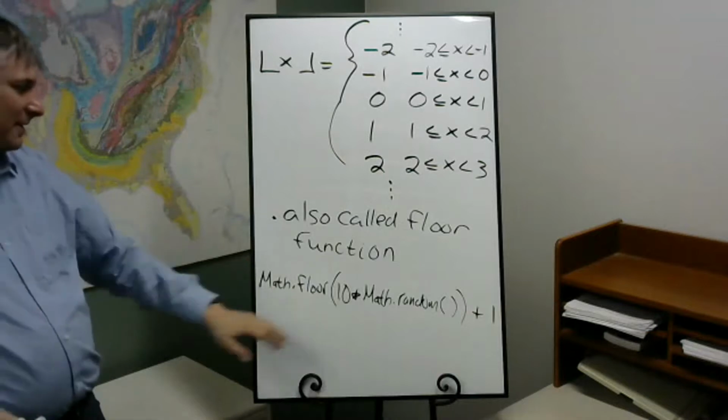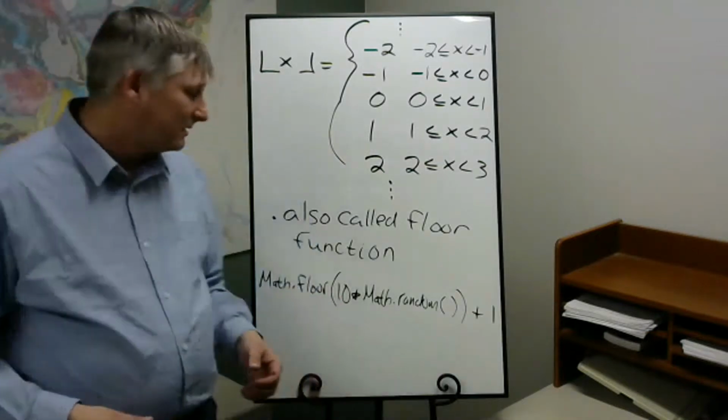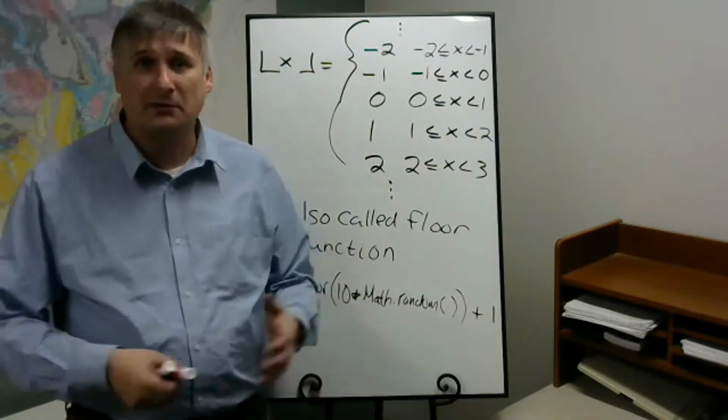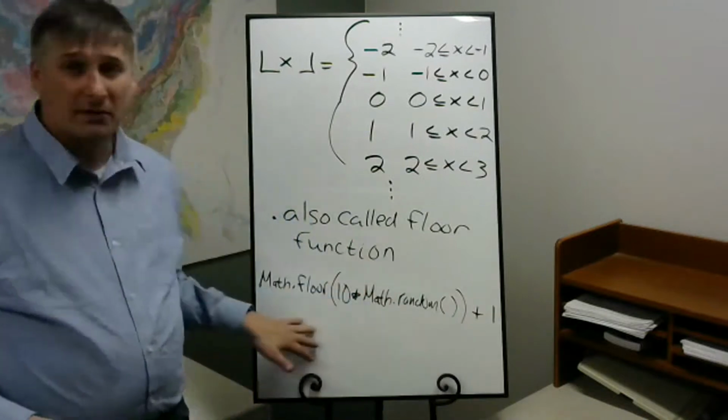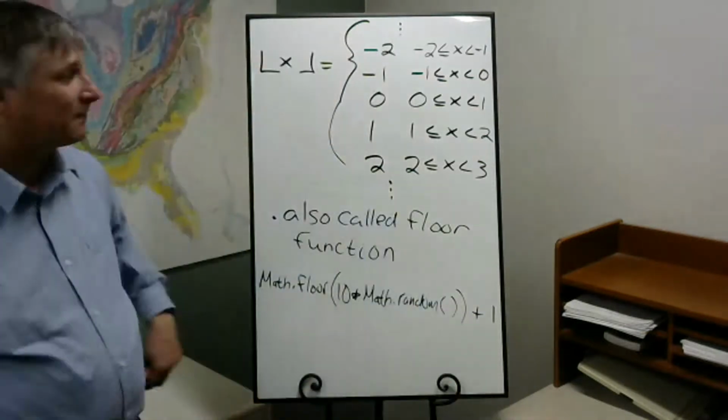So something like this could generate a random number from 1 to 10, something they used to do in Java. But I think, again, there's functions that let you do this where you don't have to go through all this. So anyway, that's your greatest integer function.